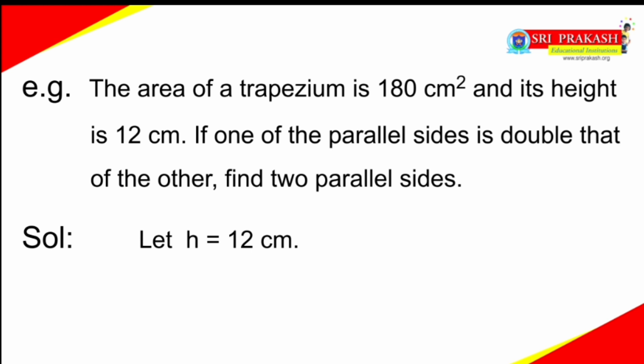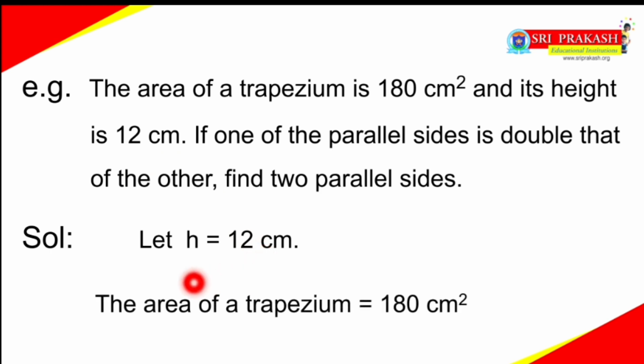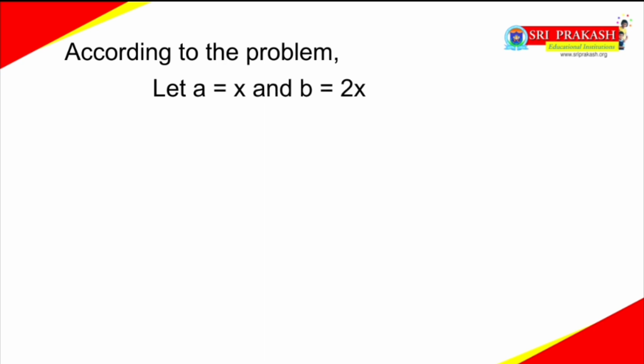According to the problem, height is equal to 12 centimeters. Next, the area of a trapezium is equal to 180 centimeters square. According to the problem, the relation between the two parallel sides is one of the parallel sides is double the other. So, let us take if a is equal to x, then b will become 2x.